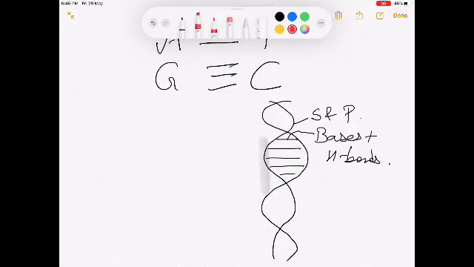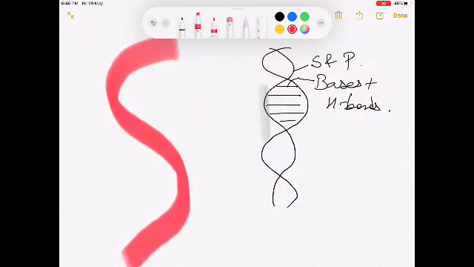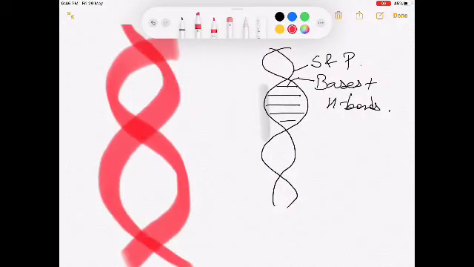So you can see here we can make a thick strand like this. So over this we can write sugar, phosphate, and inside we will write A, T, or here also sugar, phosphate you can write.